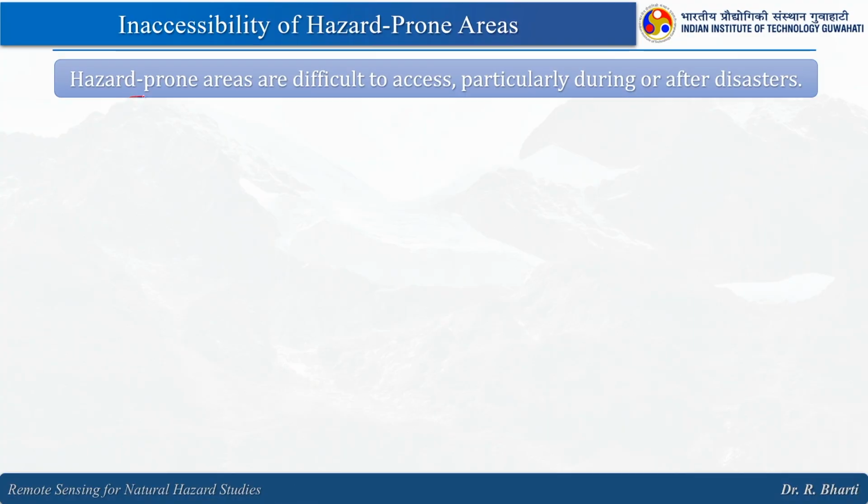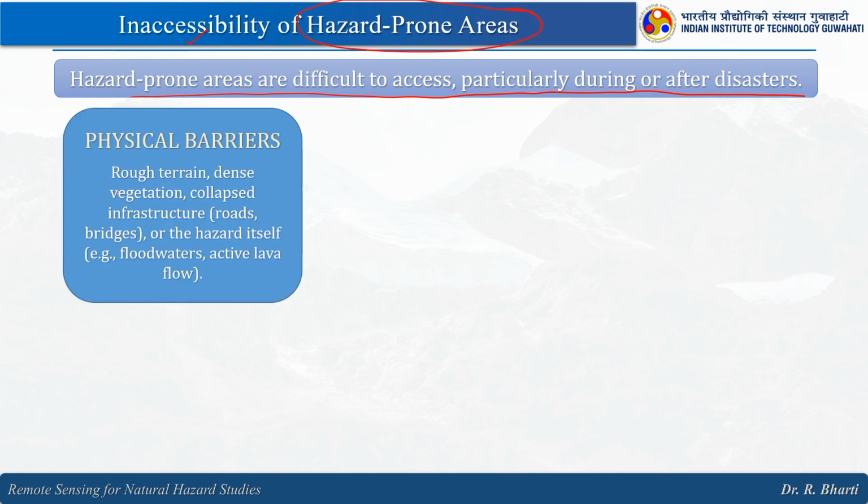The hazard prone areas are very difficult to access, particularly during or after a disaster. So, that makes the hazard prone areas inaccessible, right. Because of that we have physical barriers: rough terrain, dense vegetation, collapsed infrastructure, or the hazard itself can make the physical barrier.